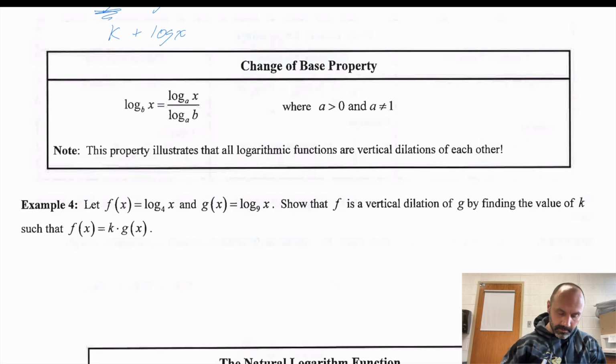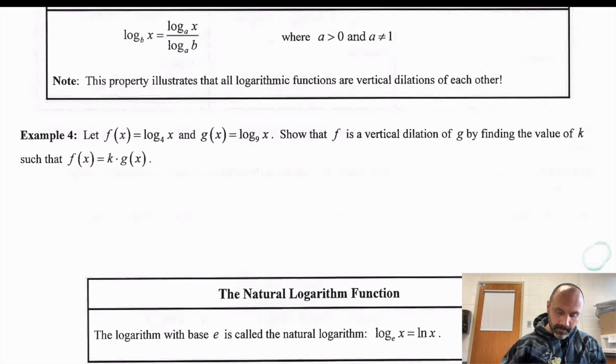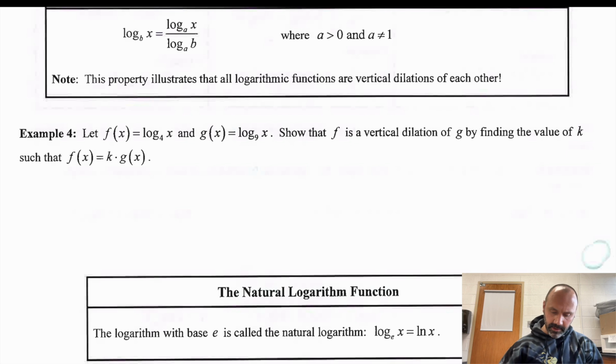Okay, example 4. f of x is log base 4 of x, and g of x is log base 9 of x. Show that f is a vertical dilation of g by finding the value of k such that f of x equals k times g of x. Okay, so we've got log base 4 of x and log base 9 of x. So I want to change the base, right?